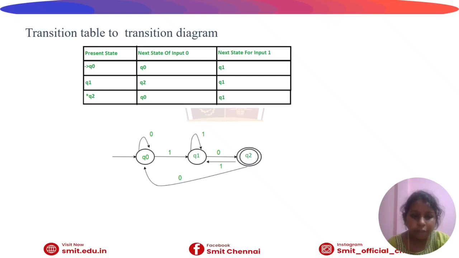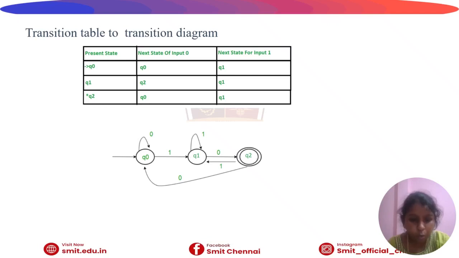Here they have given the table and we need to draw the diagram. Q0 is the start state and Q2 is the final state. In the table, the arrow mark represents the start state and the star represents the final state. When Q0 gets input 0, it goes to itself. When it is 1, it goes to Q1.